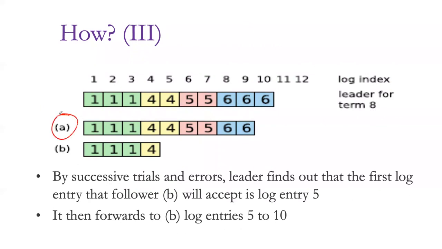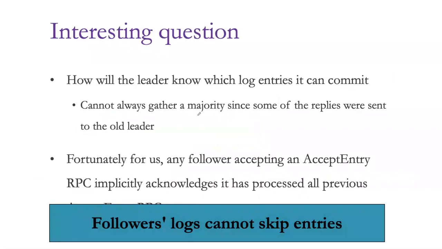If A is the leader, suppose, then it asks B to replace or add all these entries. By successive trial and error, the leader finds out that the first log entry B will accept is the log entry of index 5. That is, there is a log entry here: one entry in term 4, two entries in term 5, and two entries in term 6. So this is the way of solving.